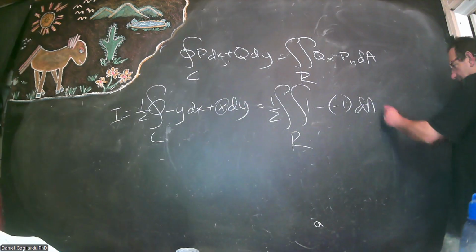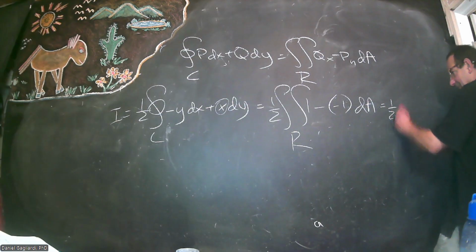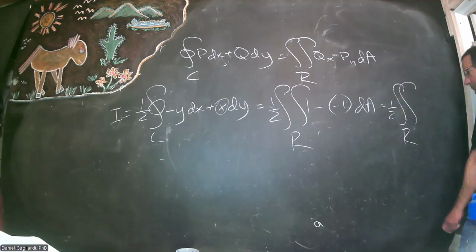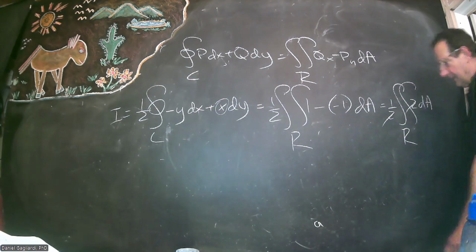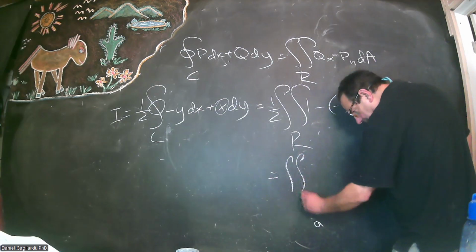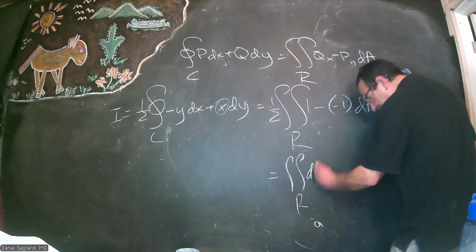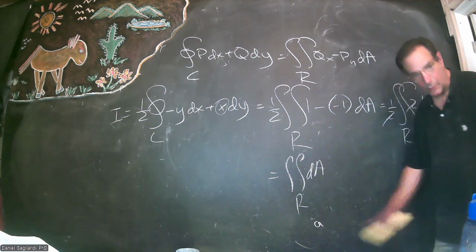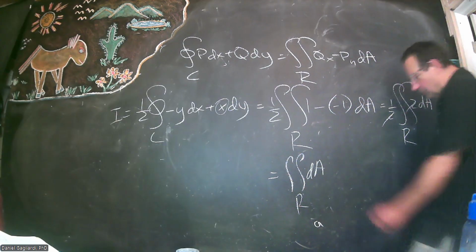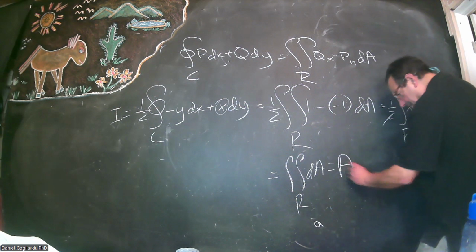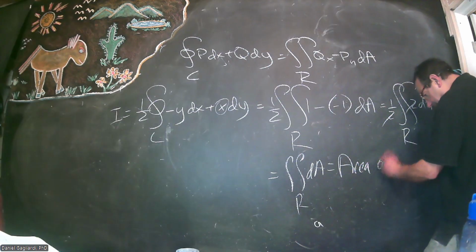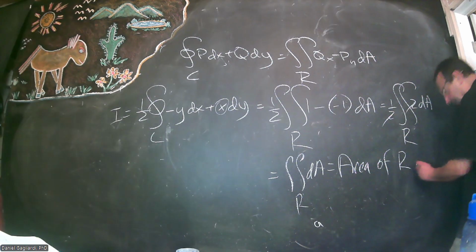So we have 1/2 the double integral over the region R of 2 dA. Well, the 2's cancel, and we just get the double integral over the region R of dA. Well, the double integral of 1, you will recall, over some region R is just the area of R.